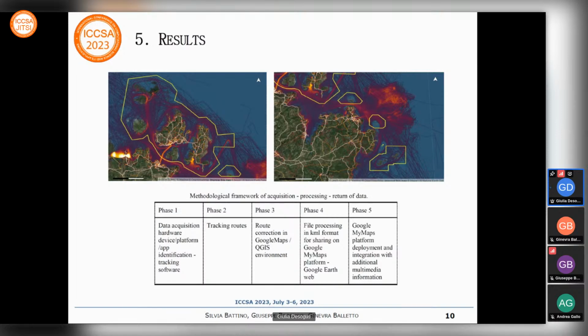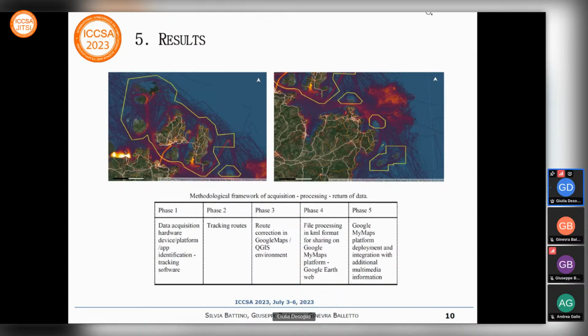We, through the location history service, allow one to observe the places visited and the different routes taken. So a phase following the acquisition of geographic data and their correction involved the restitution through the Google MyMaps platform.